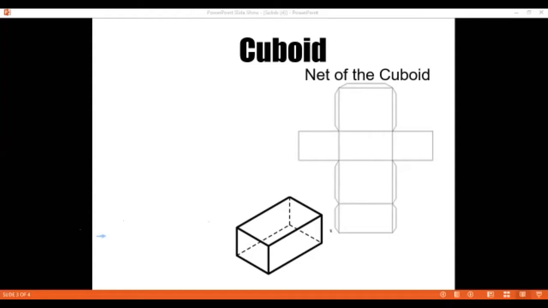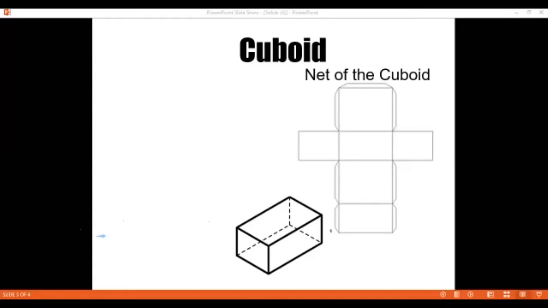The page number is mentioned, 79. Go through it. Right? Now I think it's better to draw it at home, right? Now tell me, how many surfaces are there?